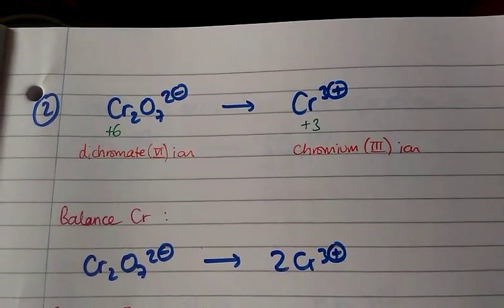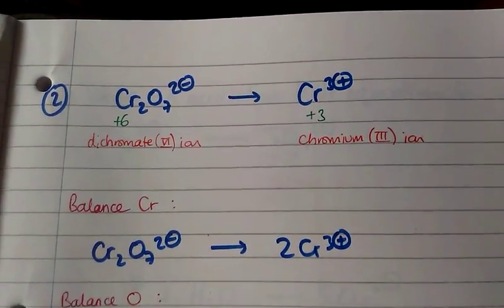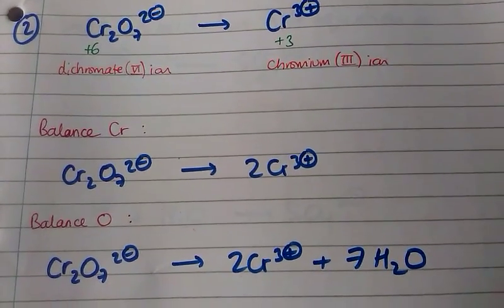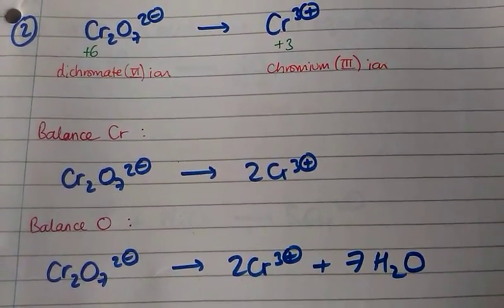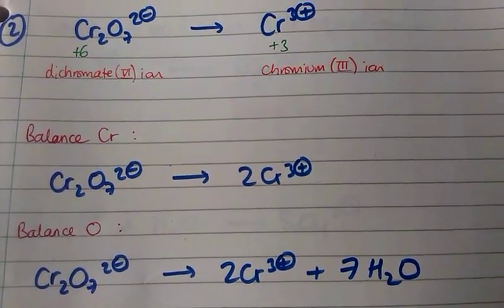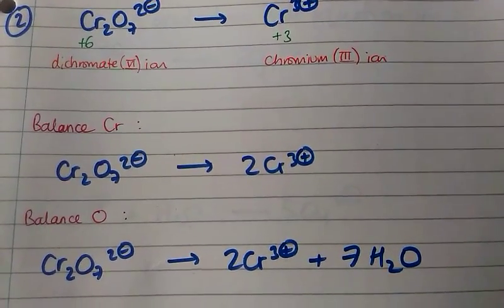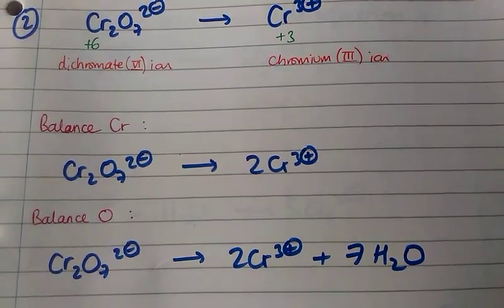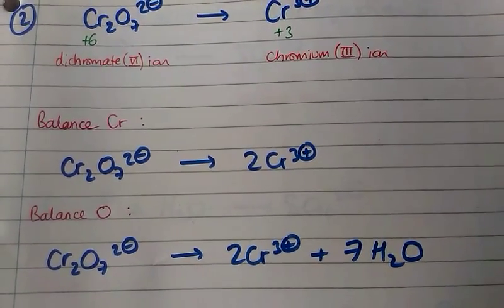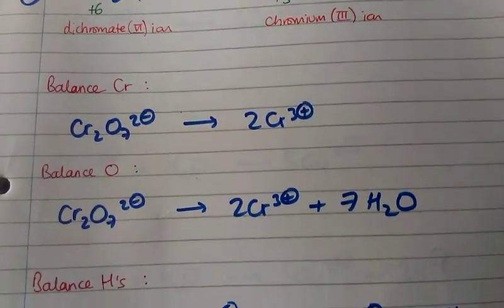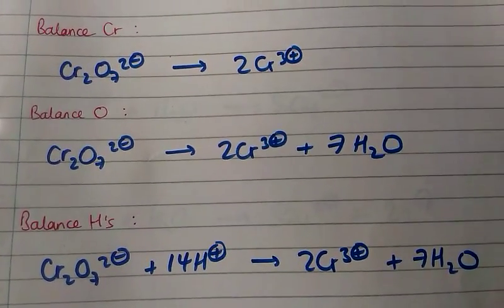So on the left we have 7 oxygens, which means we need 7 water molecules on the right hand side. Then we need to balance the hydrogens. So those 7 water molecules have generated 14 H+, so they need to go on the left hand side.